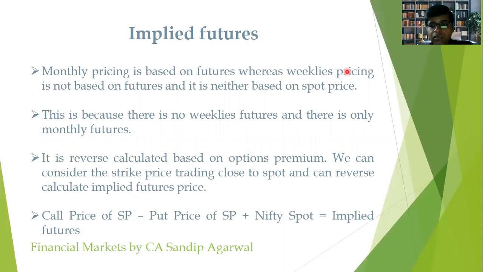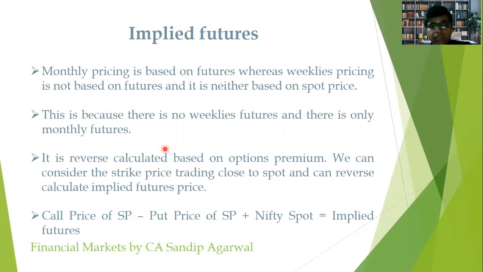The monthly option pricing is based on the Nifty futures, whereas the weekly option pricing is neither based on the futures nor on the spot price. Why? Because in every month there is Nifty futures for the monthly contract only, and there is no Nifty futures price for the weekly contract.